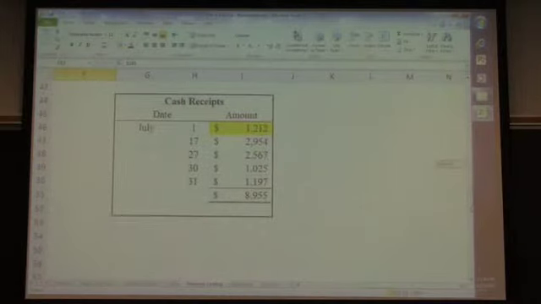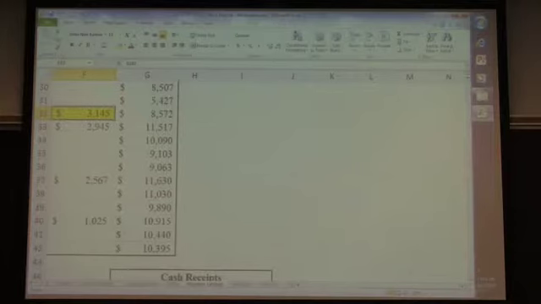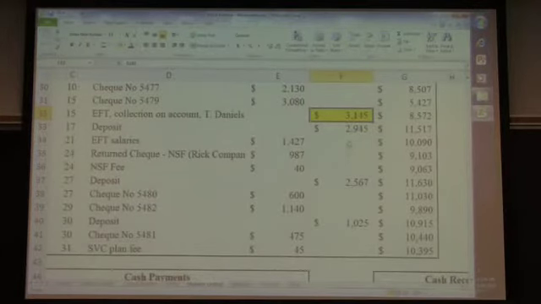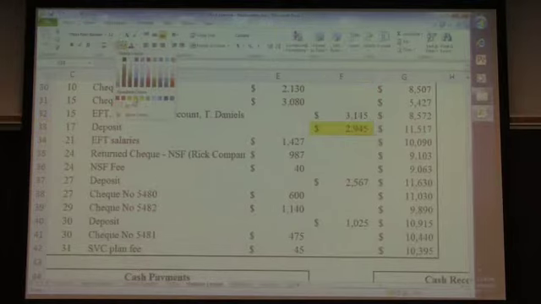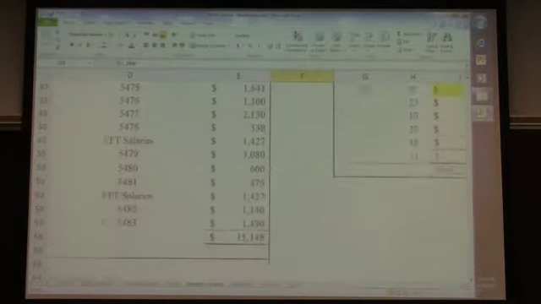We actually don't have the 3,145 in the records, because as we discussed it is an EFT collection, so that won't be showing up in your records, and that's a reconciling item that we have to account for in our bank reconciliation. The next deposit is 2,945, so we have to take a look at 2,945 here.